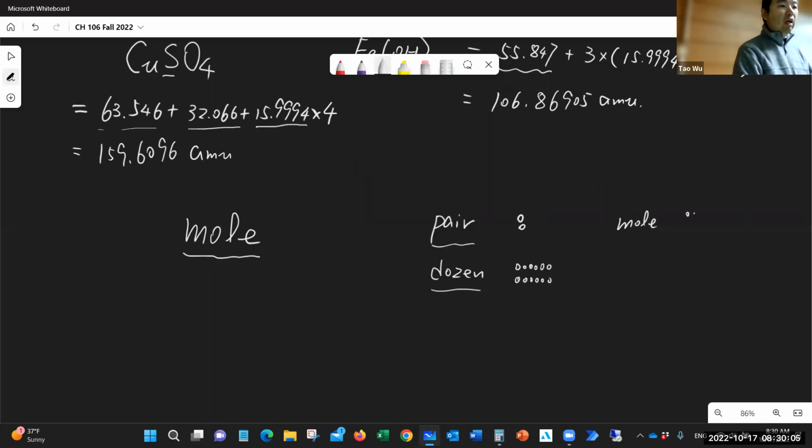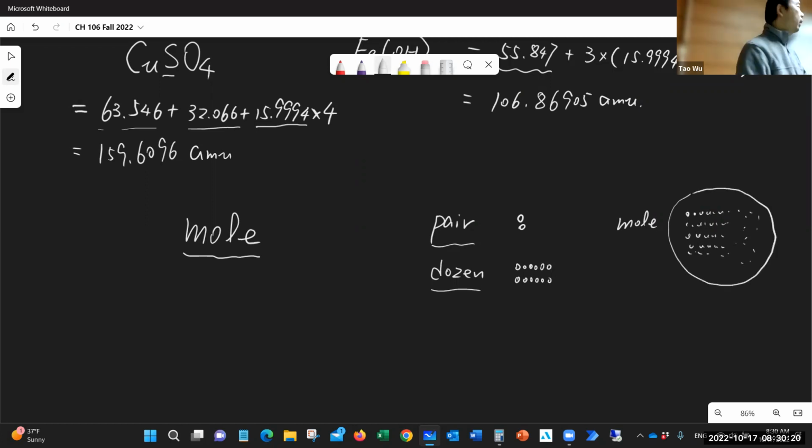It's a large number of atoms aggregated together, and this group we call 1 mole. So the mole is a very, very big number.